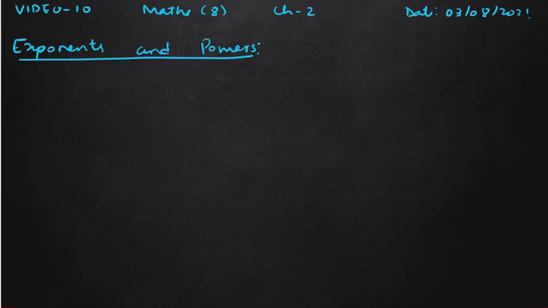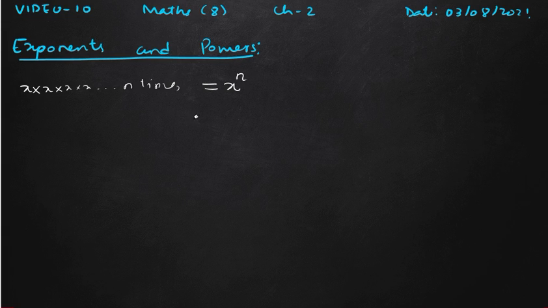If you have opened page number 28 of chapter 2: when a number x is multiplied several times, say n times, it can be written as x power n. That means if you multiply x into x into x up to n times, we write it as x to the power n, or x raised to the power n.